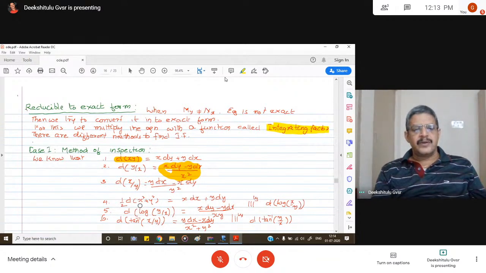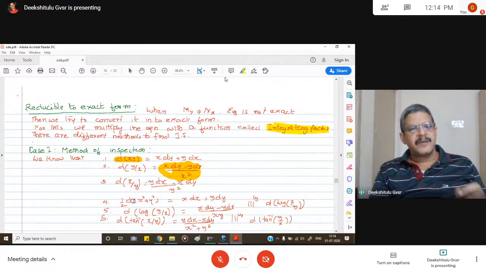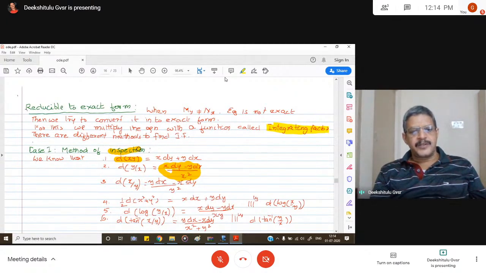1 by 2 of d of x square plus y square is 2x dx plus 2y dy. If you cancel 2, it is x dx plus y dy. So when I use the word method of inspection, when I see x dx plus y dy, you multiply and divide by 2, you get 1 by 2 of 2x dx plus 2y dy, and you can integrate that.